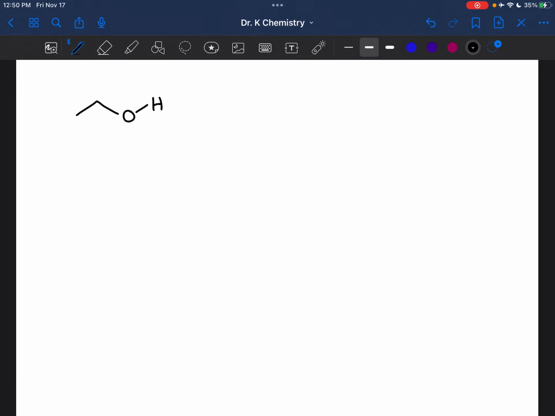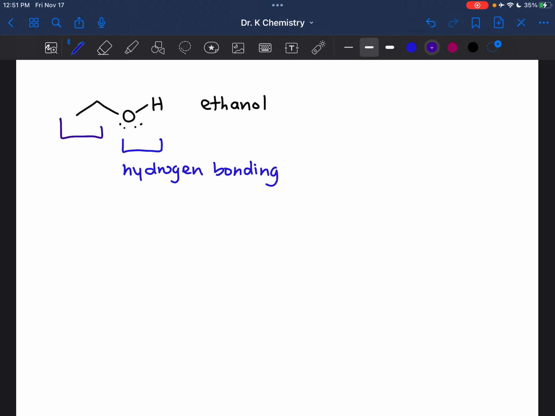If we have a really small alcohol, like the one we just drew, that is ethanol, that's drinking alcohol, and that's definitely very, very soluble in water because we have a hydrogen bonding interaction right here. And sure, we have some nonpolar dispersion interactions here, but this chain is fairly small, which means that that hydrogen bonding interaction is pretty significant, and it will be able to override those dispersion forces in that small R group.